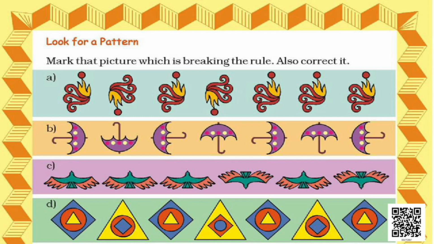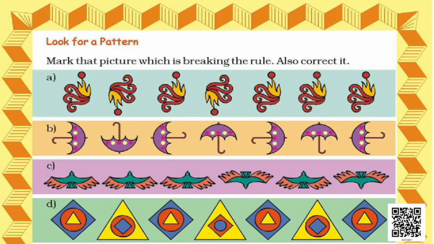But after the 5th picture, you see that the 6th picture is the same as the 5th picture. That means it is breaking the rule. After the 5th picture, the 6th picture should rotate 180 degree and the rounded portion of the picture should be downwards. That means we need to correct the 6th picture to maintain the pattern of rotation of 180 degree.